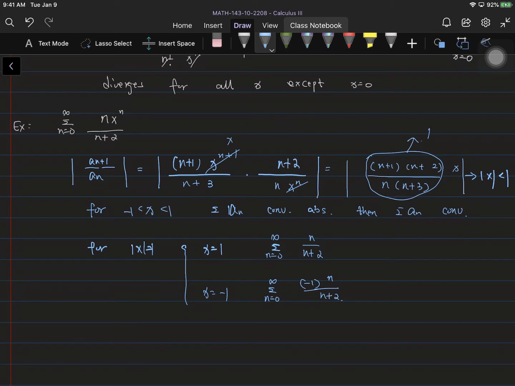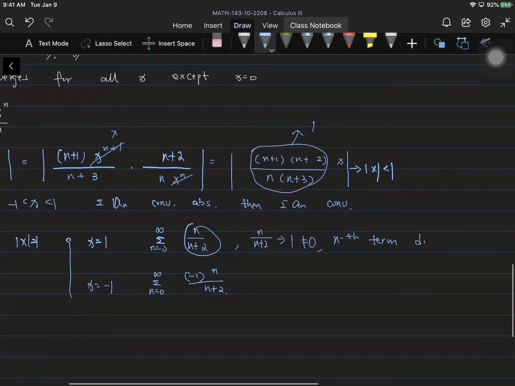By looking at a_n, we know a_n goes to limit 1, different from 0, so we use the nth term divergence test. This series diverges.